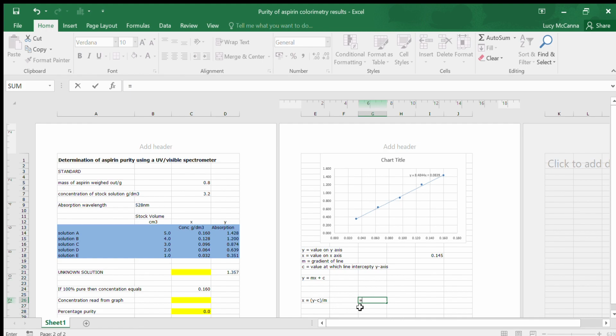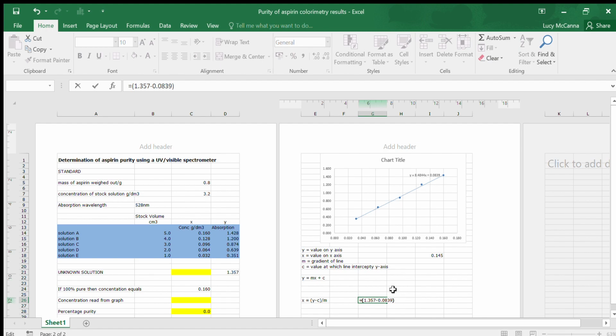So I'm going to open these brackets. And I'm going to do y minus C. So my y value is 1.357. And we're going to do minus C. In this equation, y equals mx plus C, C is this number, 0.0839.